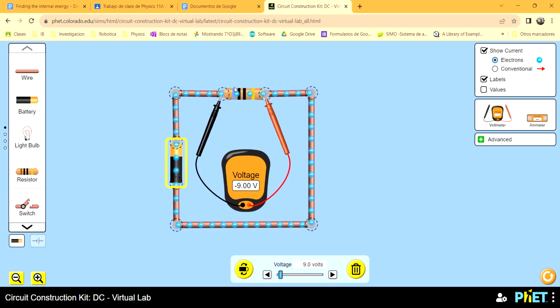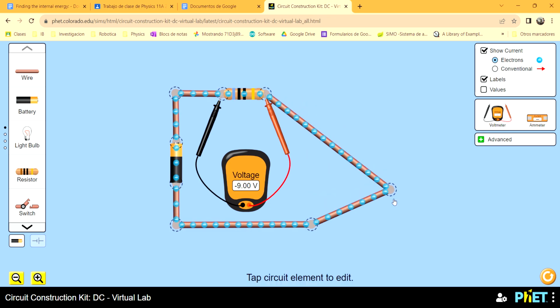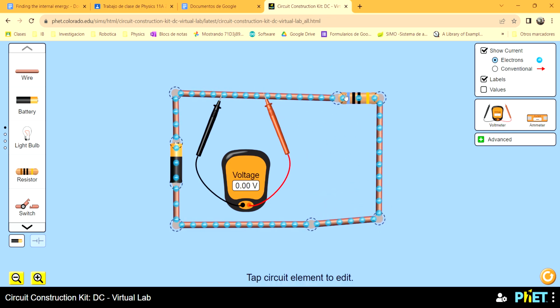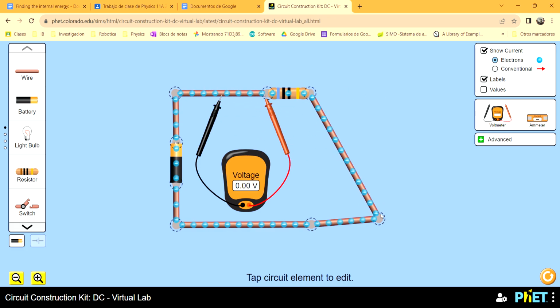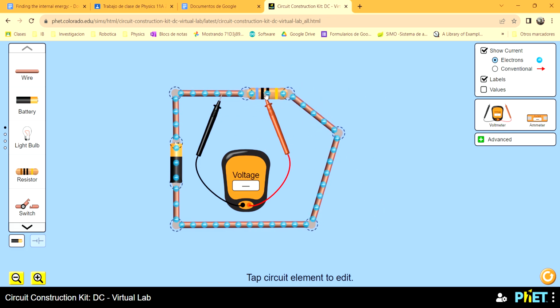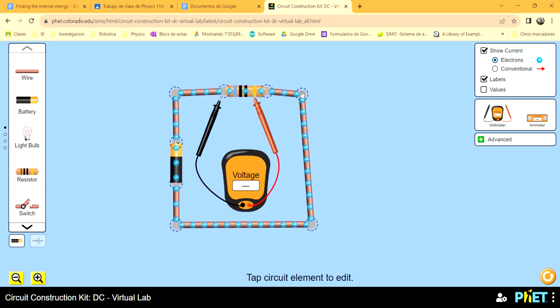It's hard to see like this, but if I put this circuit maybe like that, I can put it easily. Maybe later I will explain that. So, continue.